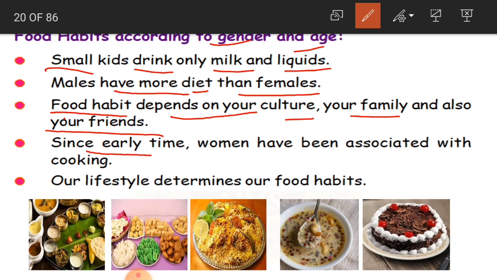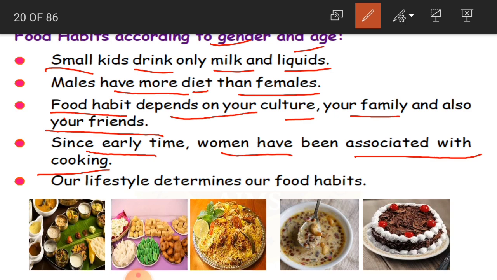And since early time, women have been associated with cooking. So from the beginning, from the olden days, cooking is meant for women. If you see in every kitchen, mother only cooks the food.